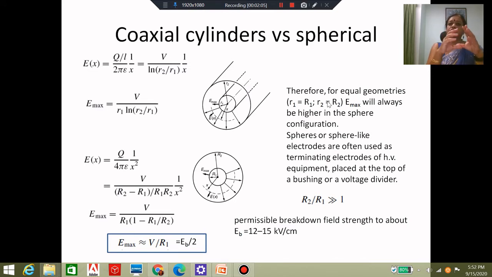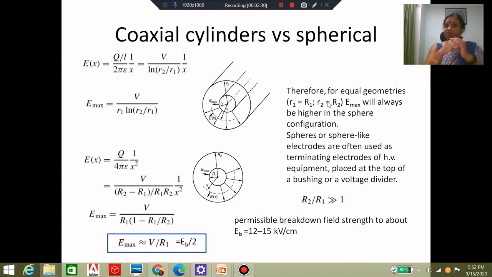Now, why do we use these gases? We use these gases because they have a higher dielectric breakdown strength, and as a result, we would need a lesser quantity of insulation for the same voltage level. Of course, there are other advantages also, which we will not discuss now. So the point is that if you're going to use pressurized gas instead of air, you need an enclosure.